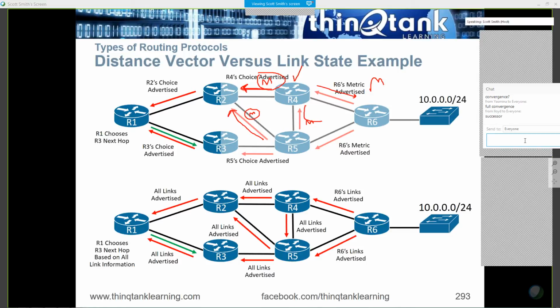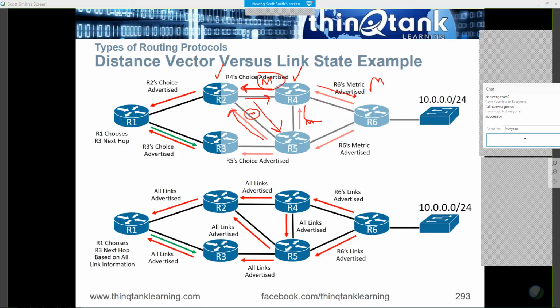All right. So R2 has two paths. Actually, technically R2 has three paths, but we'll just use the two. R2 has two paths to get to the 10.0.0.0 subnet. It can go to R4 or it can go to R5. Make sense?